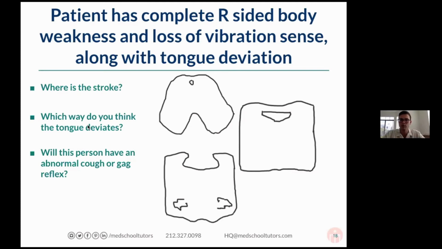Okay. So someone asked earlier, Auburn was talking about which way does the tongue go? So this is a left medullary stroke. Is the tongue going to go to the left or to the right? Left. Ipsilateral.